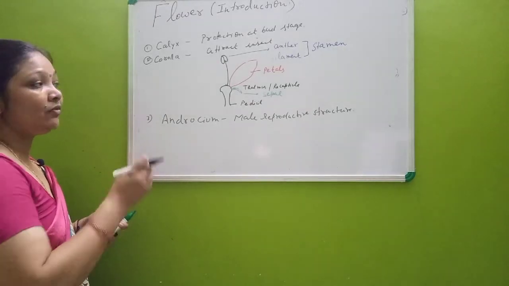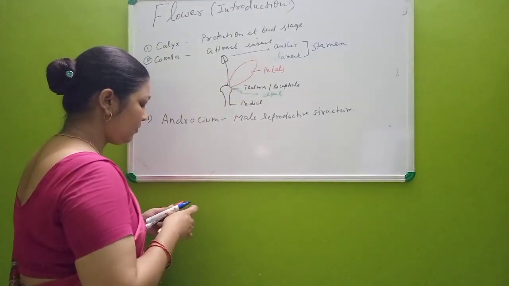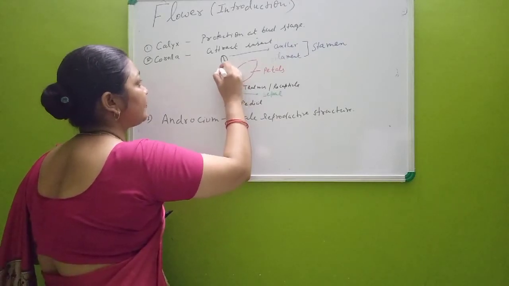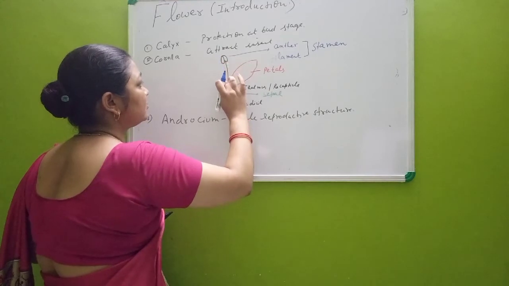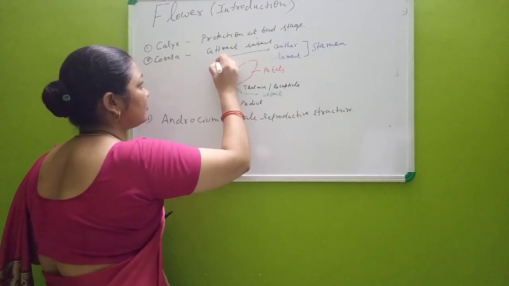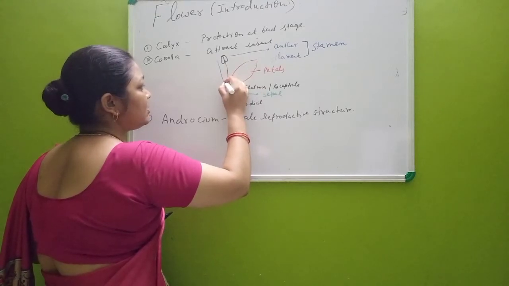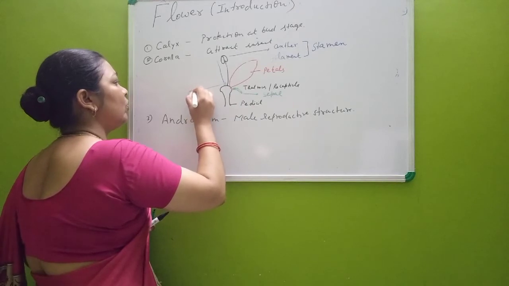And now the final whorl, which is present at the middle of the thalamus, has a long structure and a swollen structure at the base. The swollen structure is the ovary.